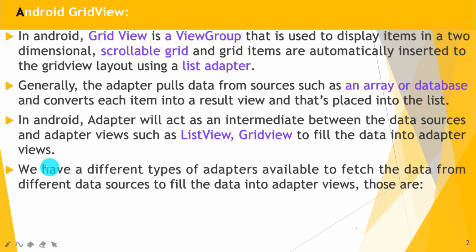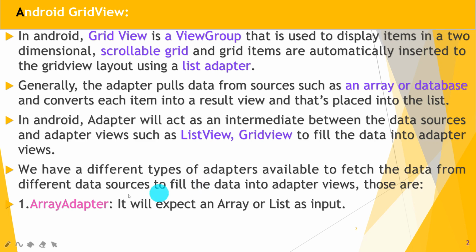We have different types of adapters available to fetch the data from different data sources to fill the data into adapter views. So which are those different types of adapters? First is array adapter.